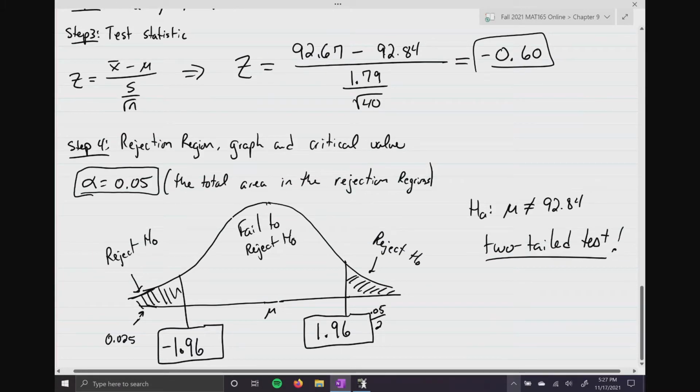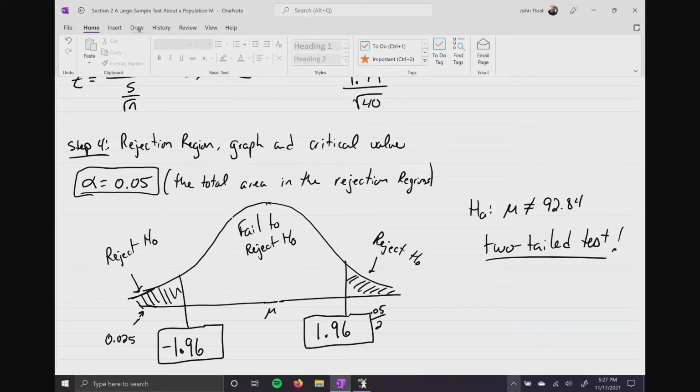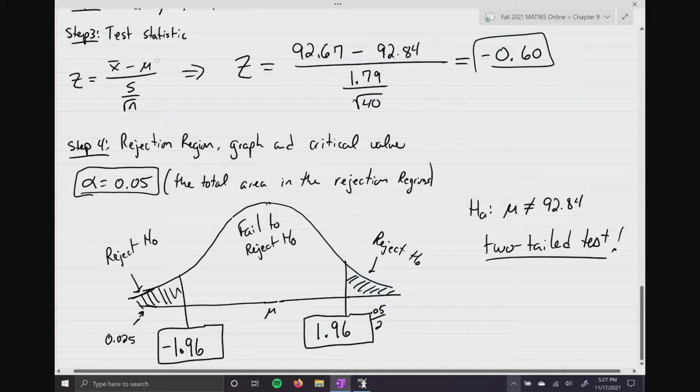So what I'm going to do now is I'm going to go ahead and take our test statistic, which is negative 0.60. Think about where does that fall on this horizontal axis. It just so happens it's like over there somewhere. If you want to, you can write Z test. That's fine with me. Or you could just literally just write an X and call it a day. That's fine.